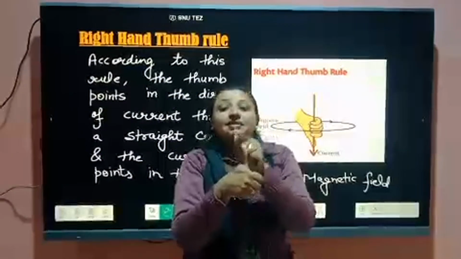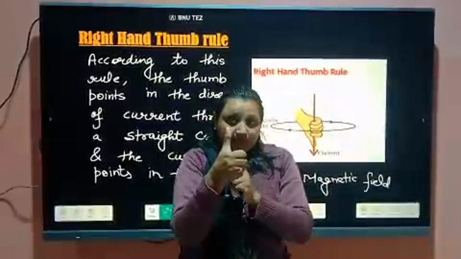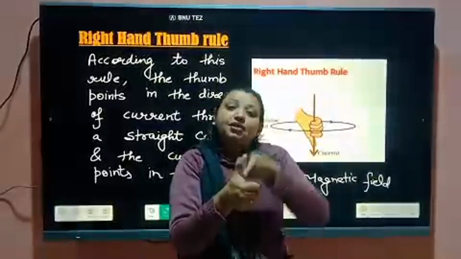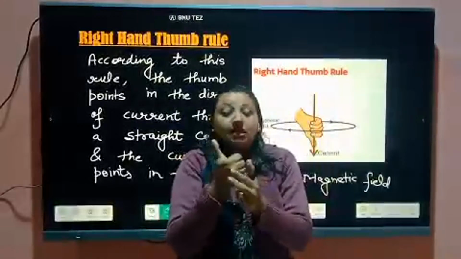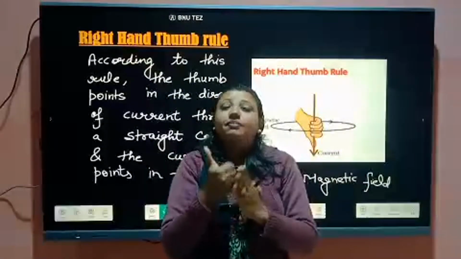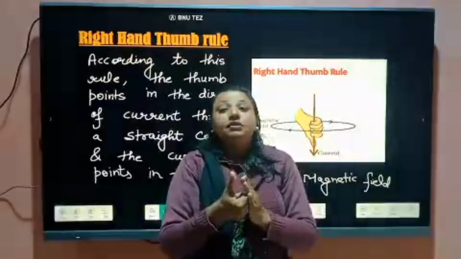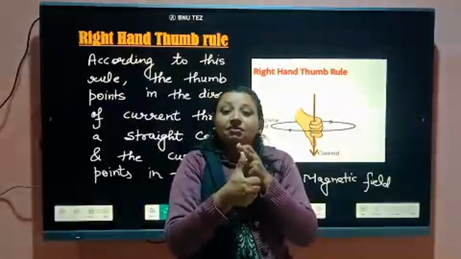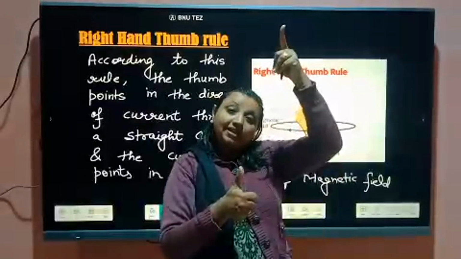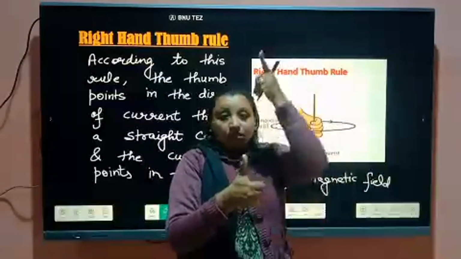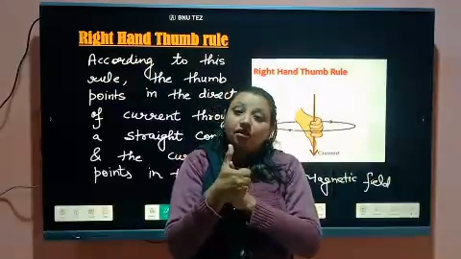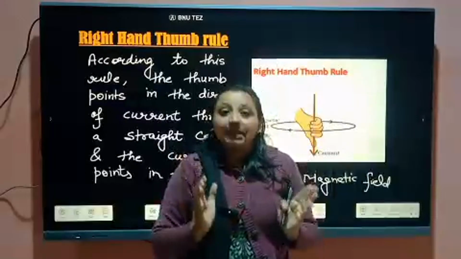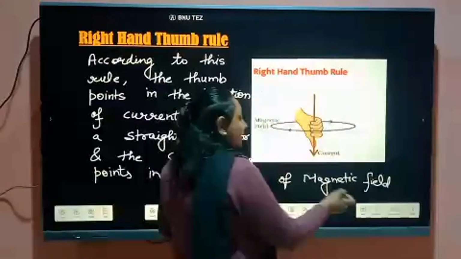This thumb points in the direction of the current in the straight current carrying conductor. So the thumb points the direction of current, and these curled fingers are used to determine the direction of the magnetic field. Through the straight conductor, if the current goes vertically upward, these fingers represent the magnetic field, which is in the form of concentric circles. ठीक है, concentric circles की form में होंगी.